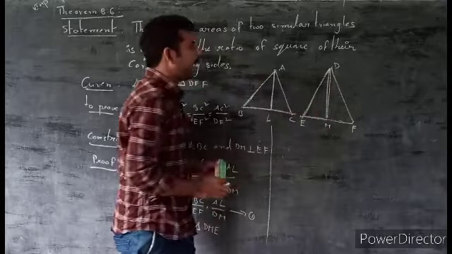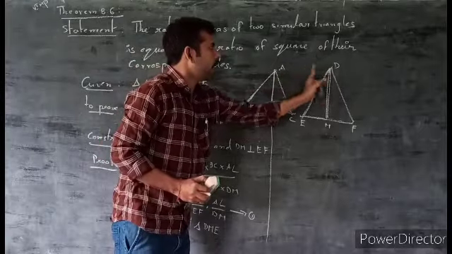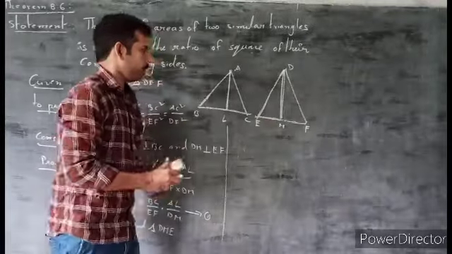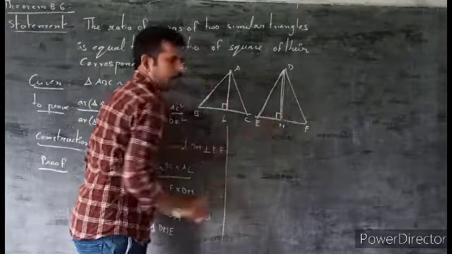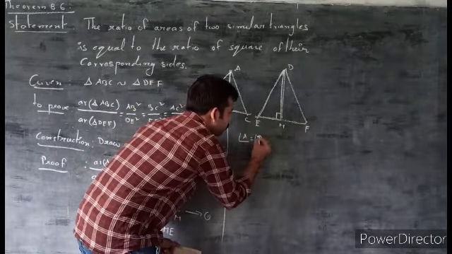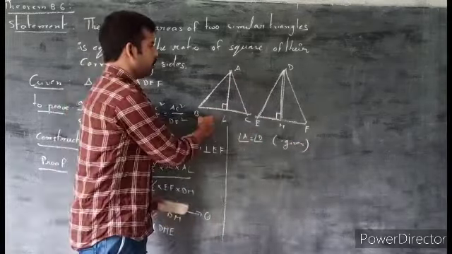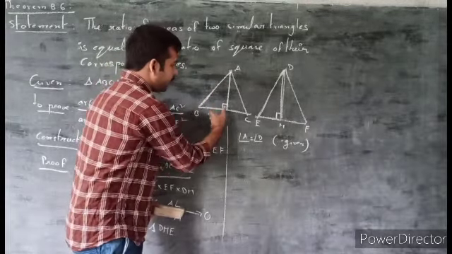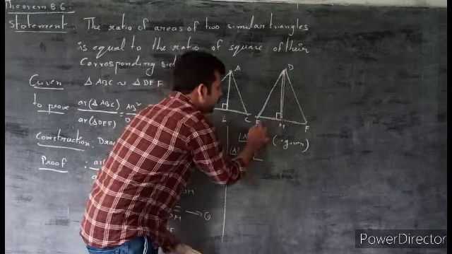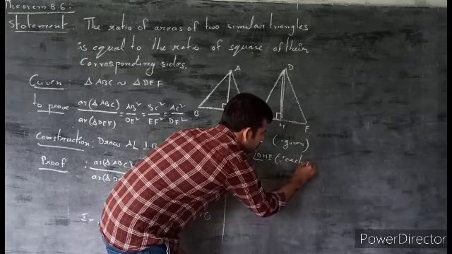One, the angles are equal: angle A equals angle D, since given, and angle ALB equals angle DME, since each is 90 degrees.